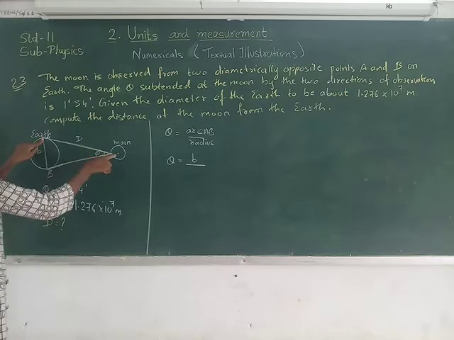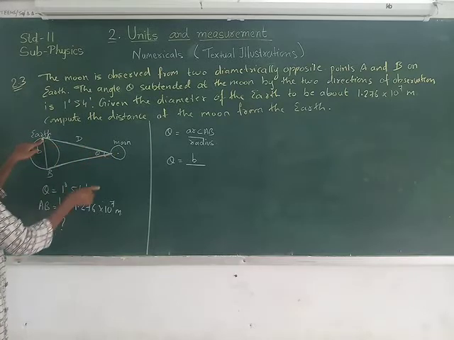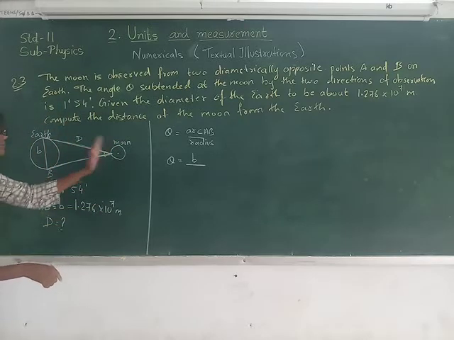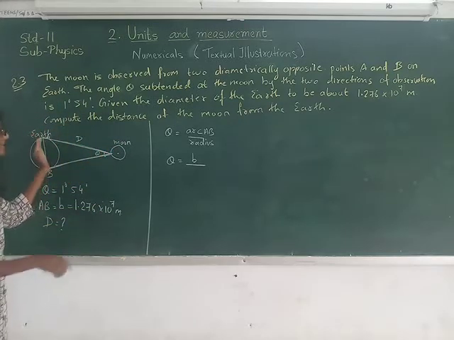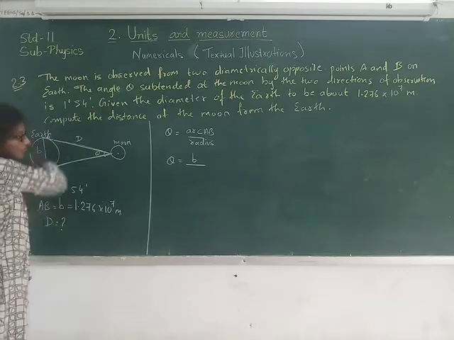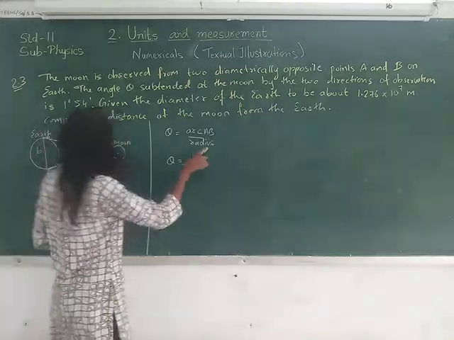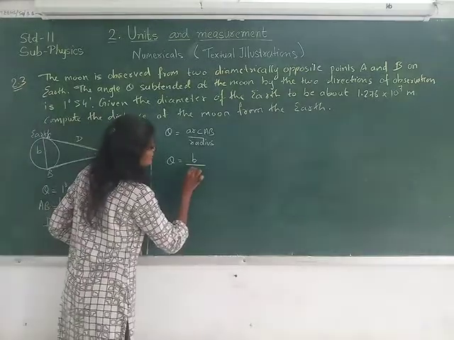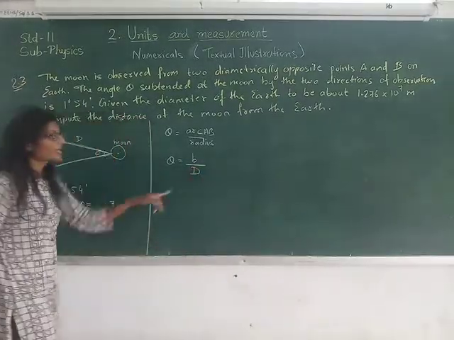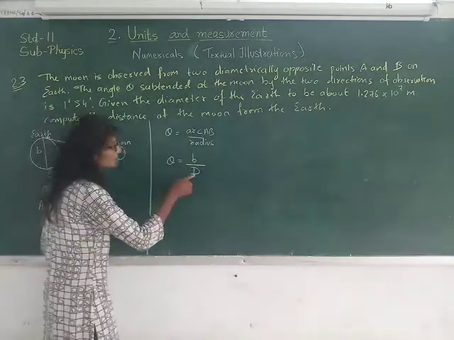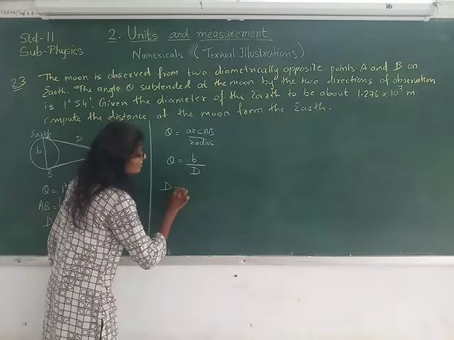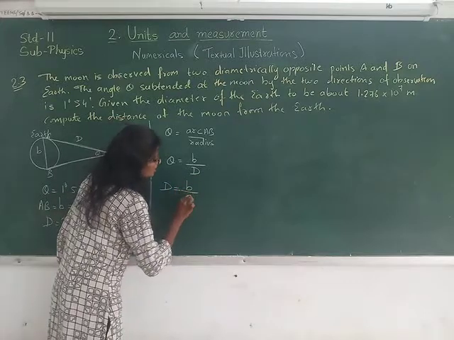If we consider this as a circle, this is the center and this becomes the radius of the circular path. So this radius is nothing but the distance between the earth and the moon, that is capital D, and we need to find this. So taking b as the subject, taking b over here and theta in the denominator, we get b upon theta.